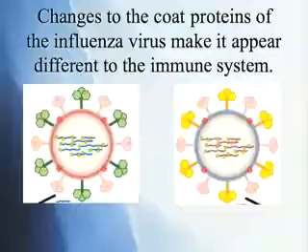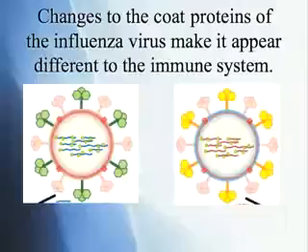There's another class of mutations where the mutations to the virus actually do alter the face of the virus, and it's really the face of the virus that our immune system sees. And so for things like influenza, the virus is very rapidly evolving as it goes through the human population, and sometimes those changes allow for escape from immunity.